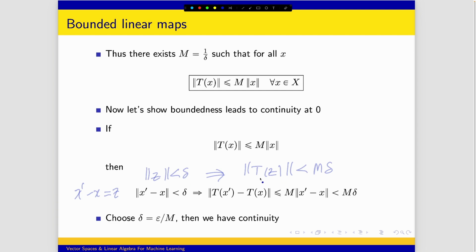We can use less than or less than or equal to. Both are fine as definitions. Now, if we put delta equals epsilon over m, then this becomes epsilon. So for whatever value of epsilon we choose, for the value delta equals epsilon divided by m, where m comes from this uniform bound, so we're assuming that this is true, this implies this, which is precisely the definition of continuity at 0.